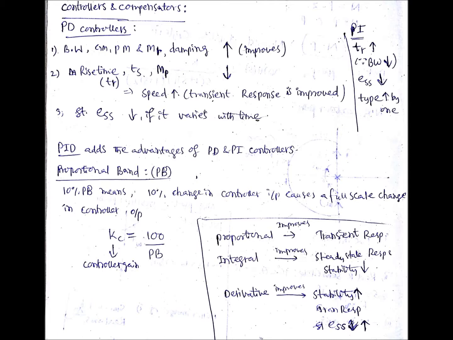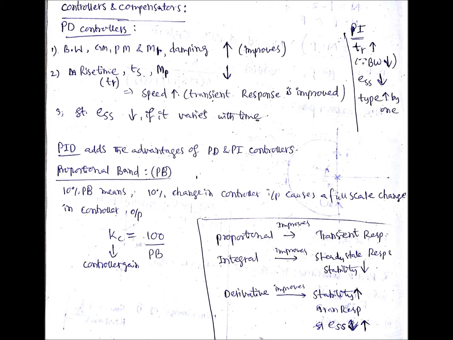Even with the proportional integral controller, the type increases by 1, because the type of a system is the number of poles at s equals 0. So if we add an integral, you are getting a 1 by s part, so the type is going to increase by 1.